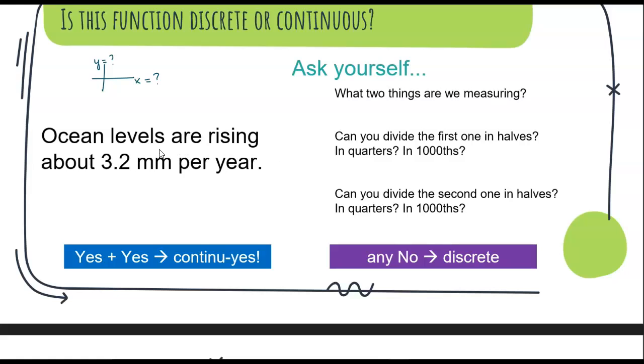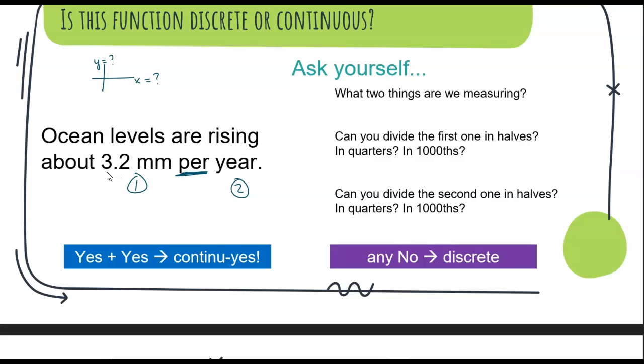So in this one, we have ocean levels are rising about 3.2 millimeters per year. This per, or you might see it say each or something like that, that is an indication that our two measurements are on each side of that per. One is over here and one is over here.